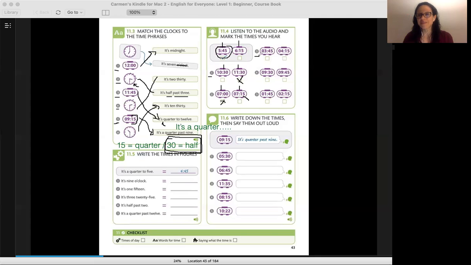Okay, number three. Are you ready? It's a quarter to 4. Not past, it's a quarter to 4. Which one is it? This one or this one?